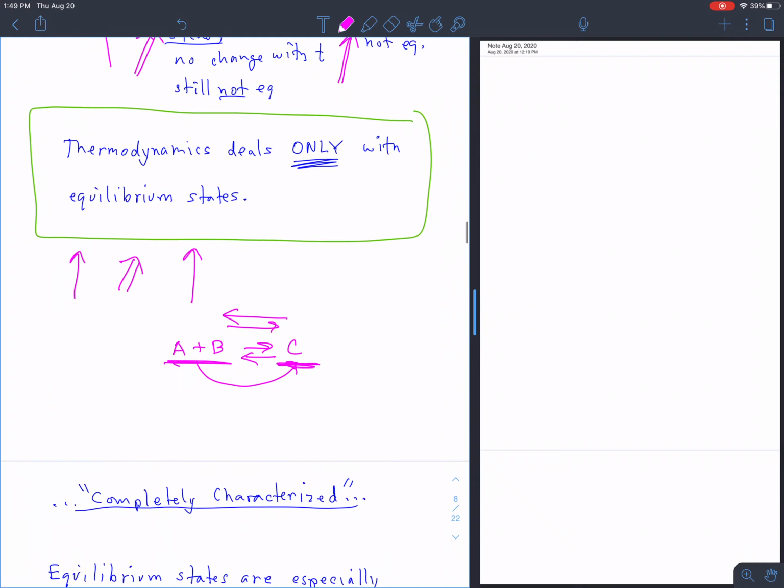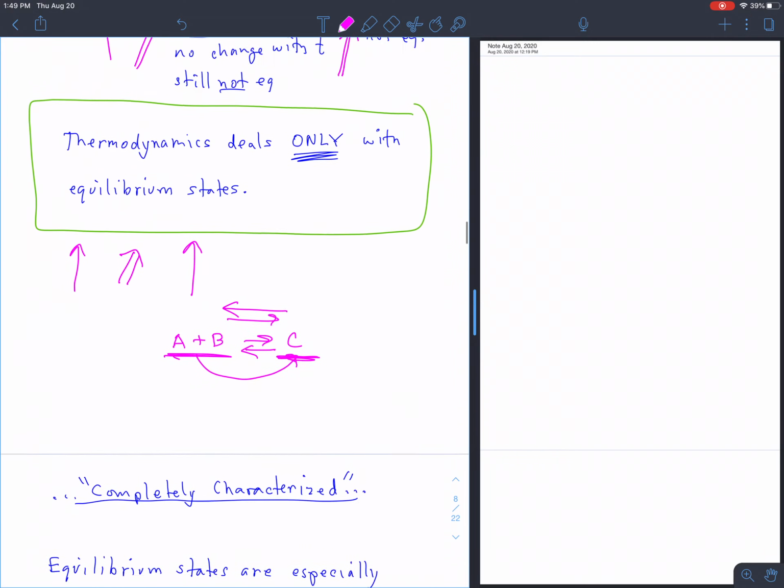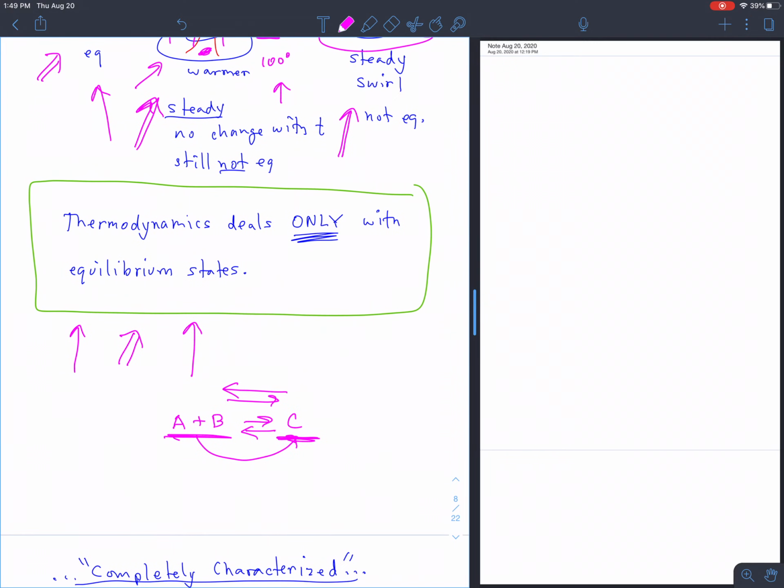The fact that thermodynamics deals only with equilibrium states is a huge simplification. It's why thermodynamics is so powerful. Very often, physical theories like thermodynamics will be deliberately more simple than reality around us.